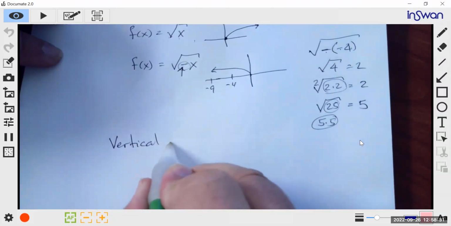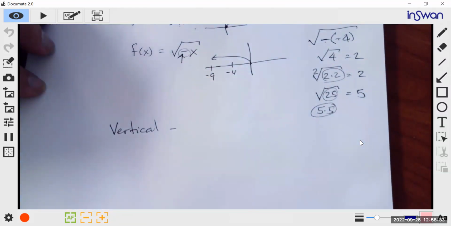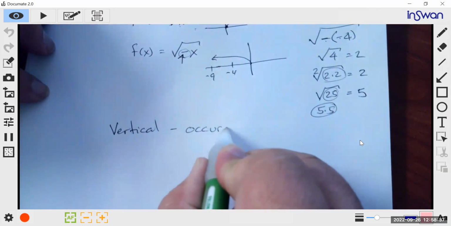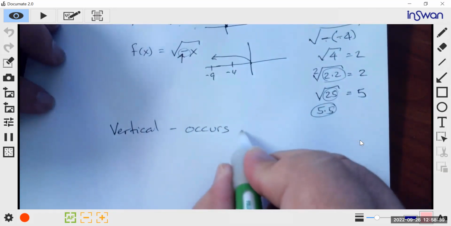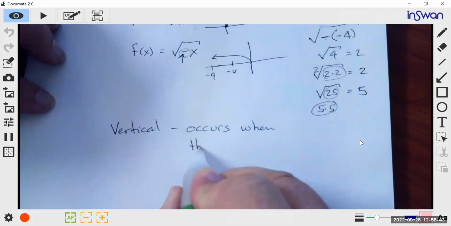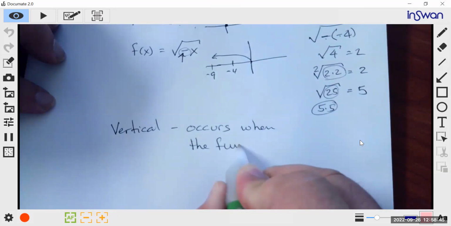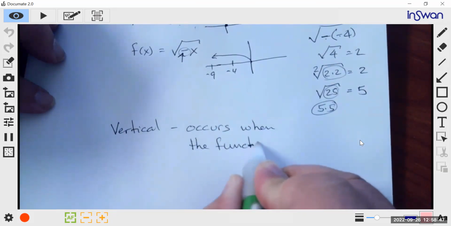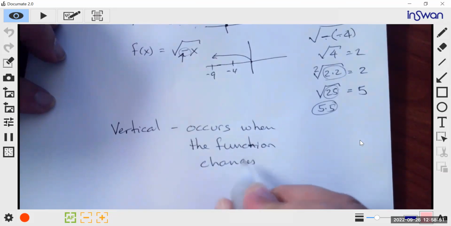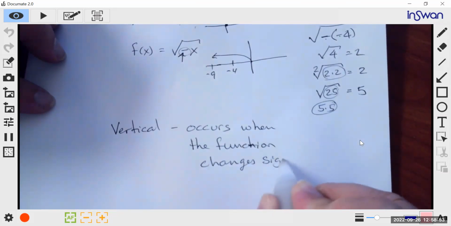A vertical reflection occurs when the function changes signs.